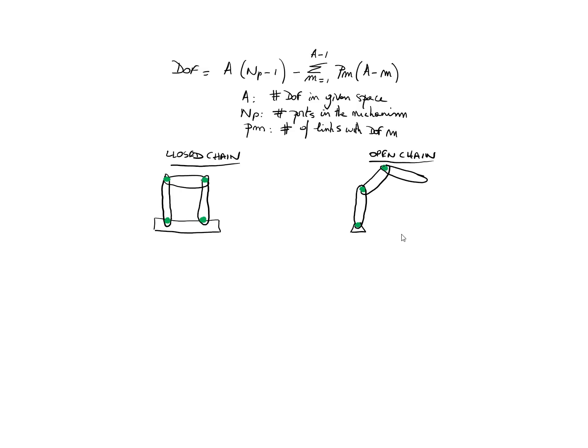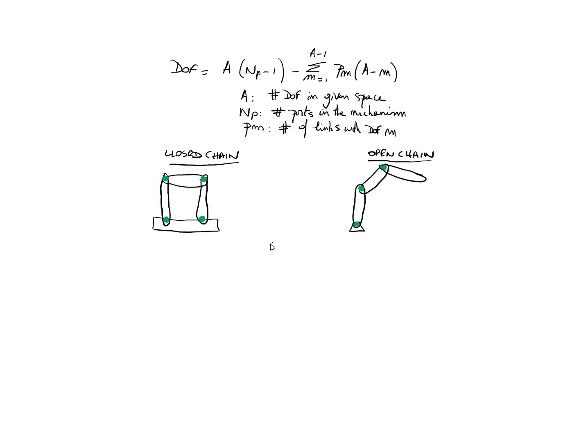So in this example we have A equals 3, and what is in common also is NP, the number of parts in the mechanism, and in both cases it's 4. So let's see what this formula gives us with this A equals 3.